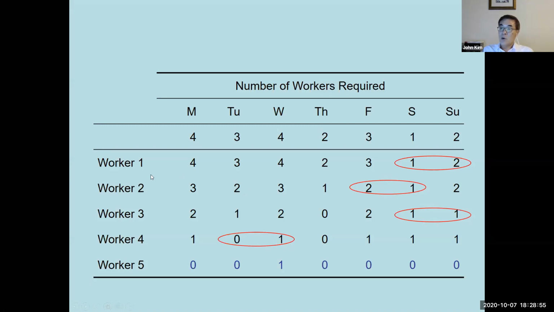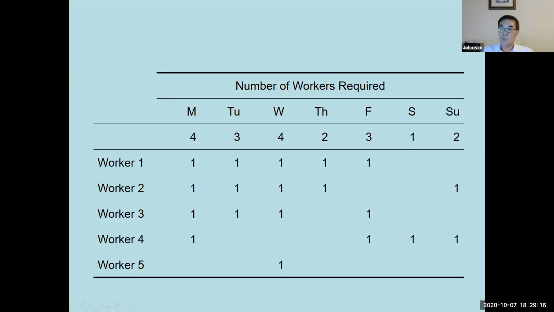So, worker 1 will work Monday through Friday. Worker 2, Monday through Thursday and Sunday. Worker 3 will work Monday, Tuesday, Wednesday, not available on this one, and Friday, and so on. So assign like this.